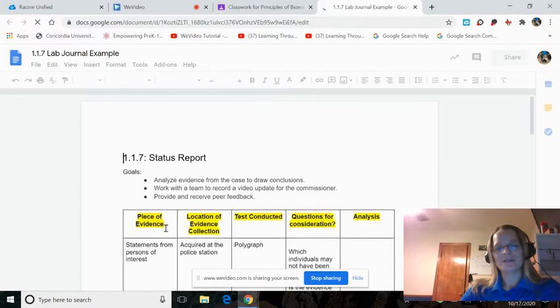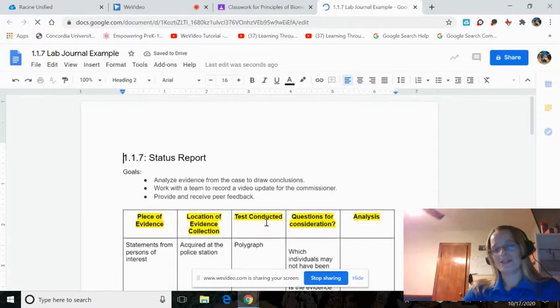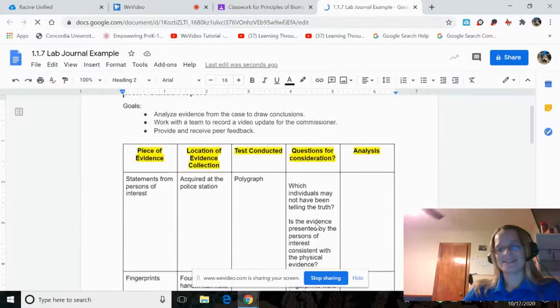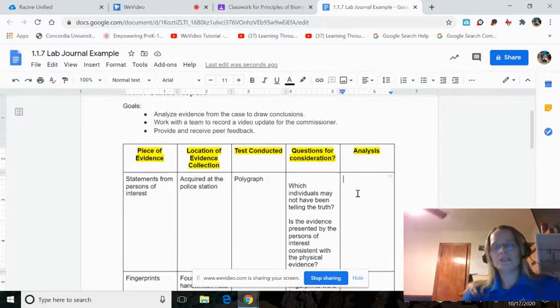You can see we're going to do the piece of evidence, the location, the test, the questions, and the analysis. The first one is done for us except for the analysis. Statements acquired, we did the polygraph. Now the analysis, for most of us, we thought Eric was suspicious.